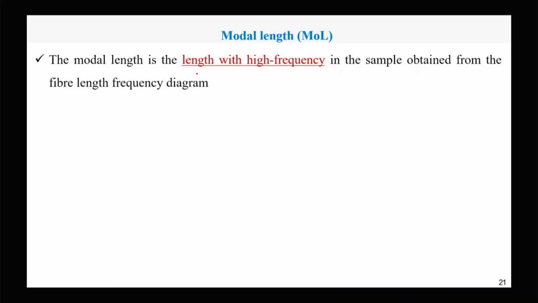The length with high frequency in the sample obtained from the fiber length frequency diagram.